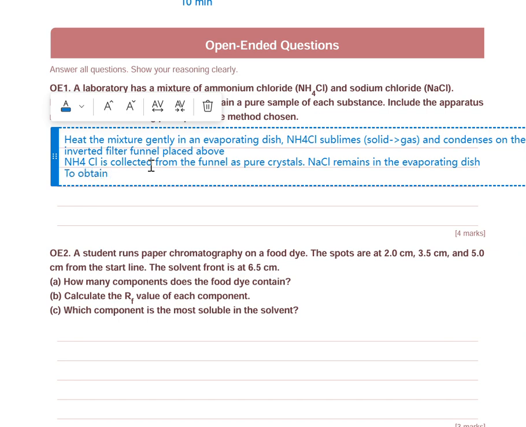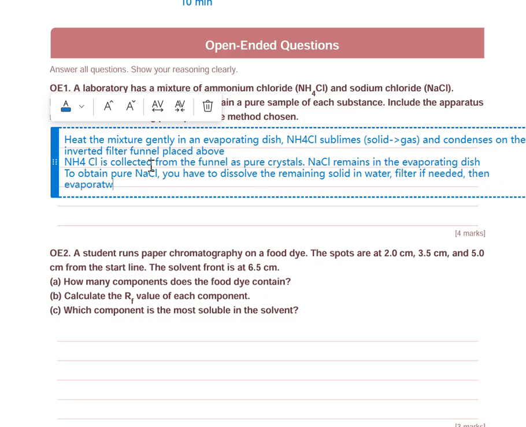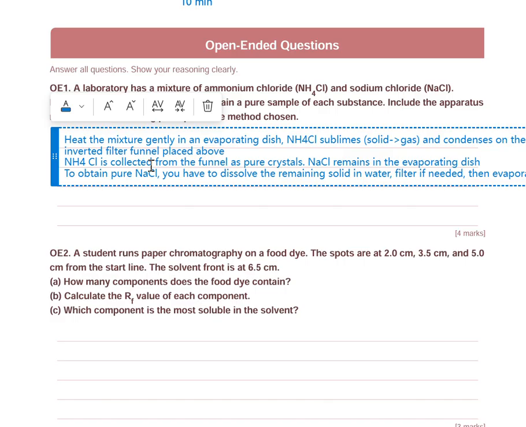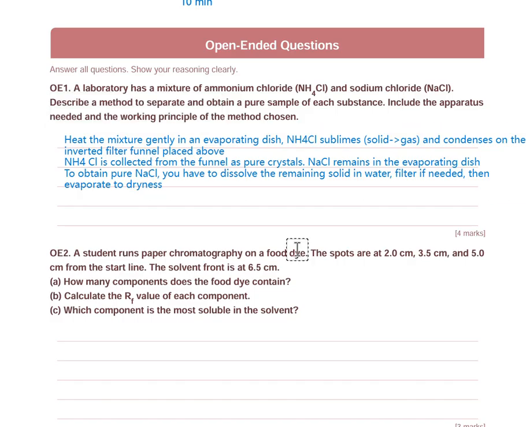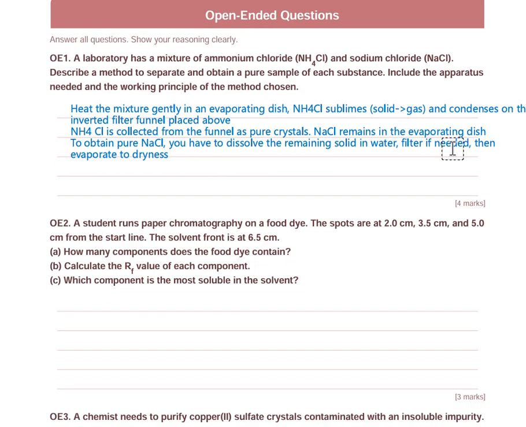To obtain the NaCl, you have to dissolve, meaning solid in water, filter if needed, and evaporate to dryness. Okay, so this is actually the main answer that you're looking for.